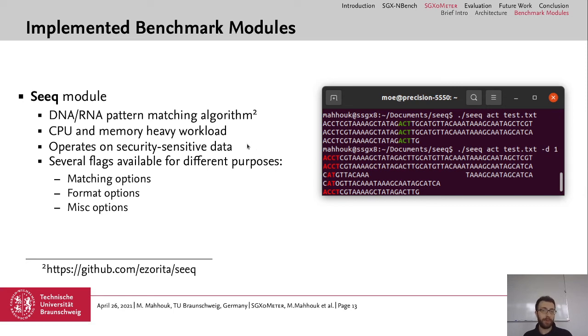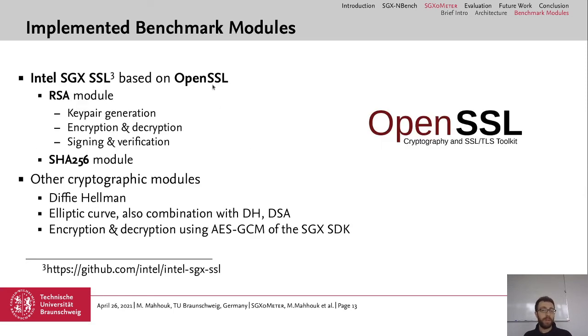SGXoMeter benchmark framework. We also ported or implemented other benchmark modules, mainly based on the Intel SGX SSL library, which itself is based on OpenSSL. These modules include RSA modules like key generation, encryption, decryption of different sizes of strings and messages, and signing and verification.